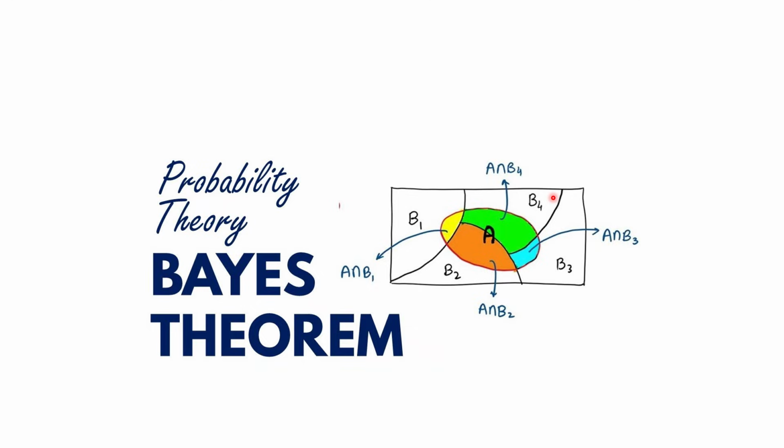So they are mutually exclusive events. But when you join B1, B2, B3 and B4, you will get this whole sample space over here, the rectangular portion. Also, there is an event A, which we say has already occurred. Depending upon that, we will see the details about the Bayes theorem. Let us see.